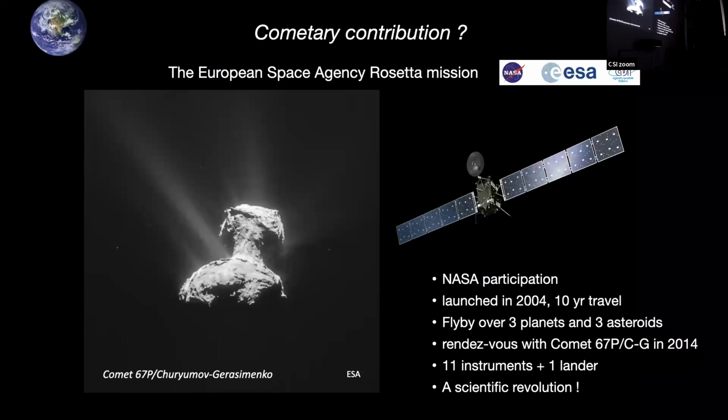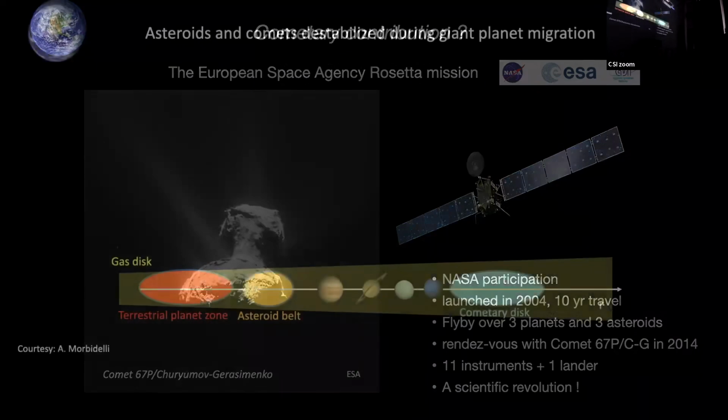It was launched in 2004, it traveled for 10 years, and then it flew over the comet during several months in 2014. There were a lot of instruments on it, including mass spectrometers to analyze the volatile elements. And I will tell you a few results of this exploration. Unfortunately, we don't yet have a sample return mission to analyze cometary samples in the lab.